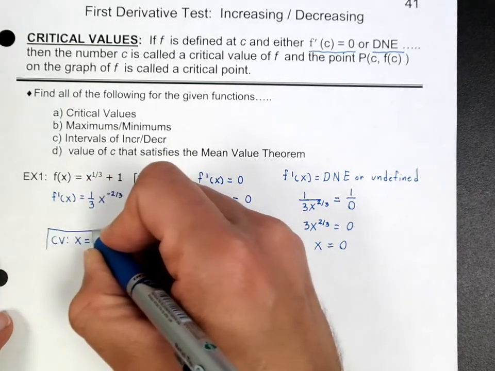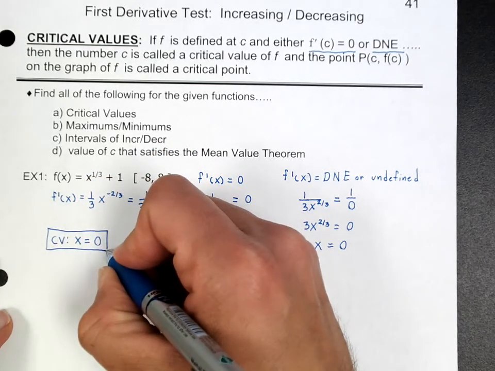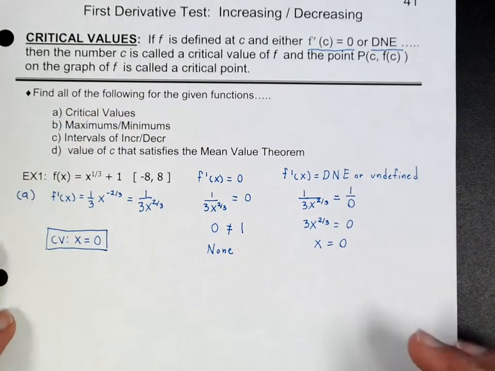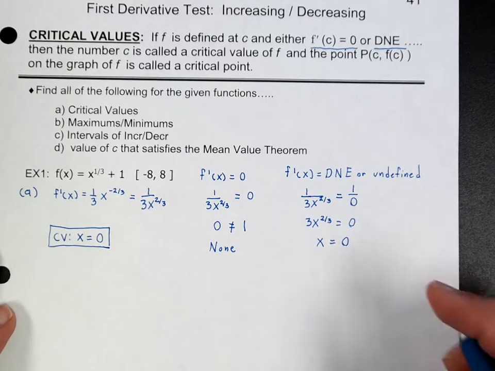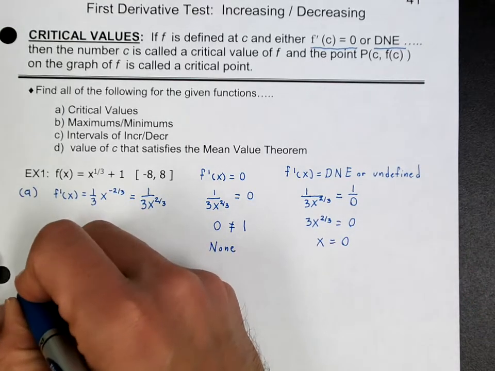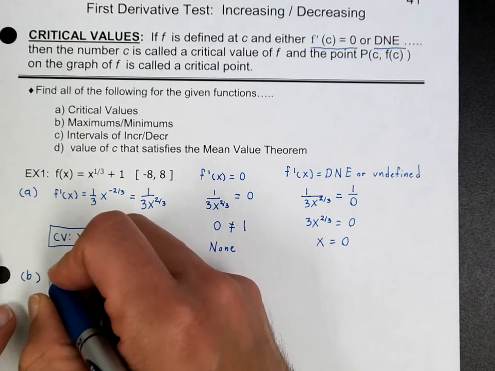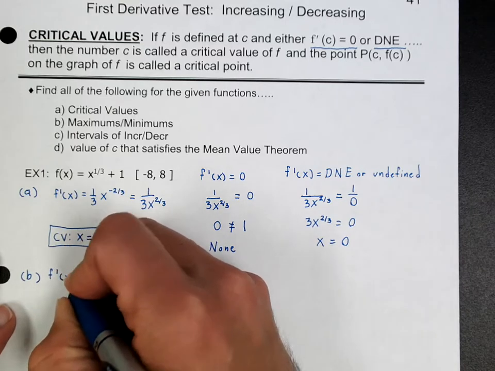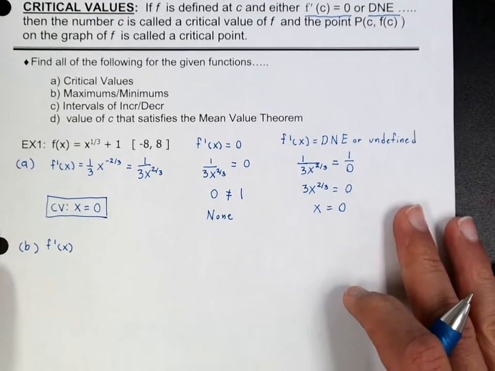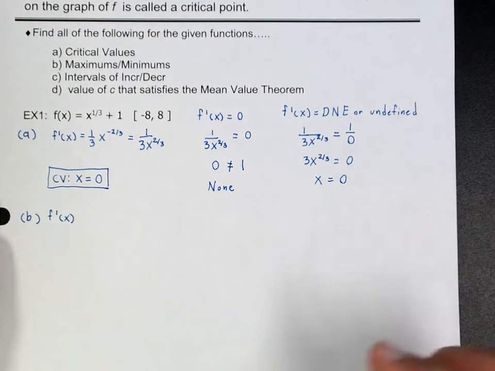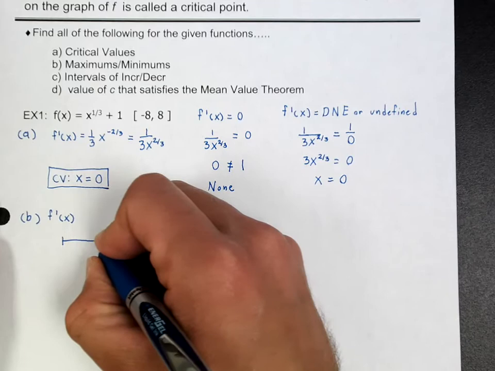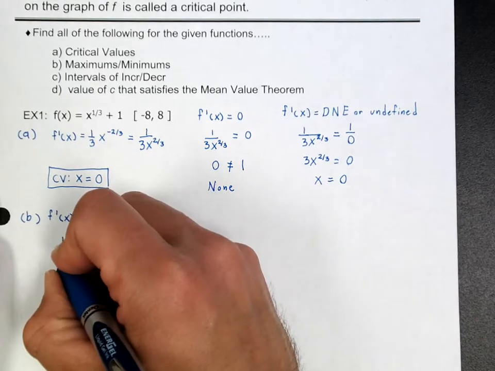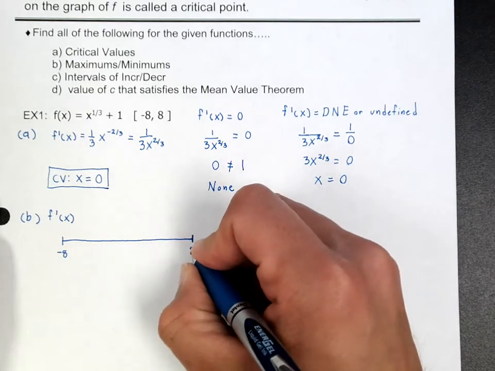And obviously, you can have more than one critical value. I'm going to show you why that critical value is important. At that critical value, you may have an instance where you have a max or min. To figure out my maximum and minimum, I am going to draw a line here, between -8 and +8.